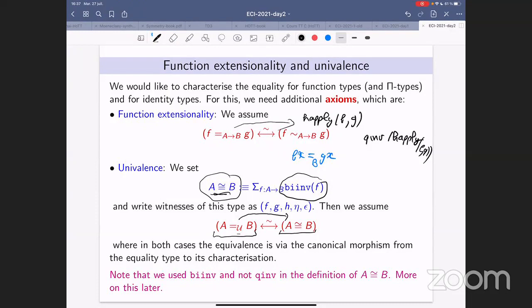And this axiom is called univalence. So if we do not stress too much about bi-inv versus q-inv, what we can remember at this stage is that this principle tells us that once you proved that two types are equivalent, or if you prefer, are isomorphic, because after all, this is what equivalence is, you have two inverses, okay? So if two types are isomorphic, then they are equal.